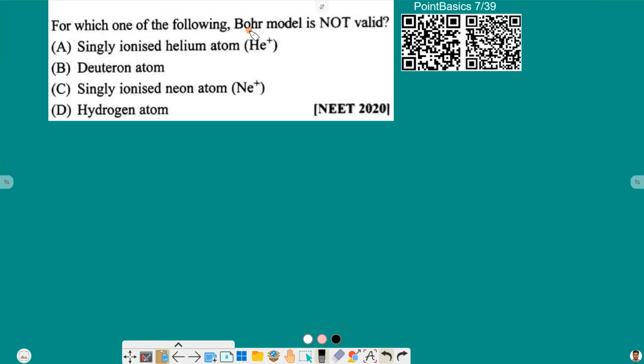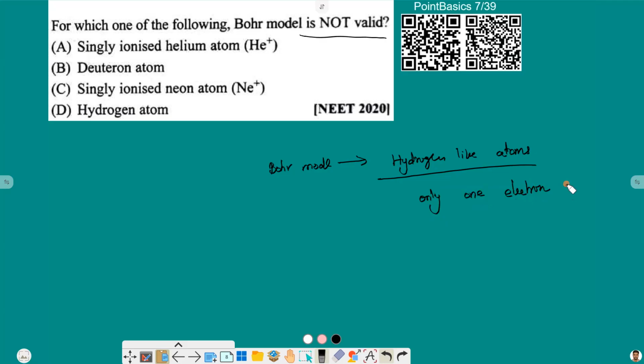For which of the following Bohr model is not valid? Singly ionized. So we know that Bohr model is only valid on hydrogen like atoms. Now, what do you mean by hydrogen like atoms? That which have only one electron in orbit. Why?